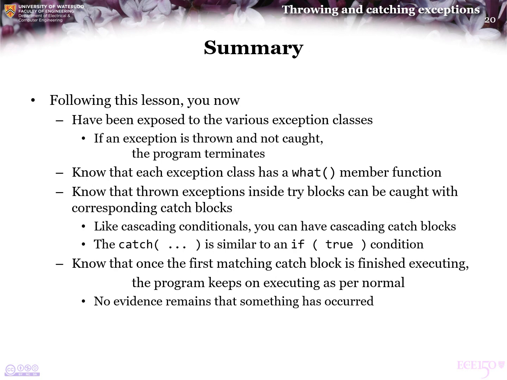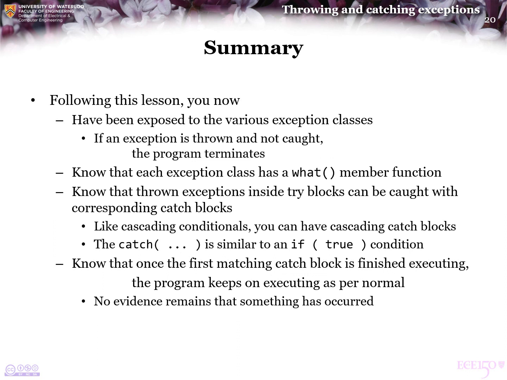All right, following this topic, you have now been exposed to the various exception classes. If an exception is thrown and not caught, then the program terminates. You also know that each exception class has a what member function that returns a string that was passed to the constructor of that exception object.